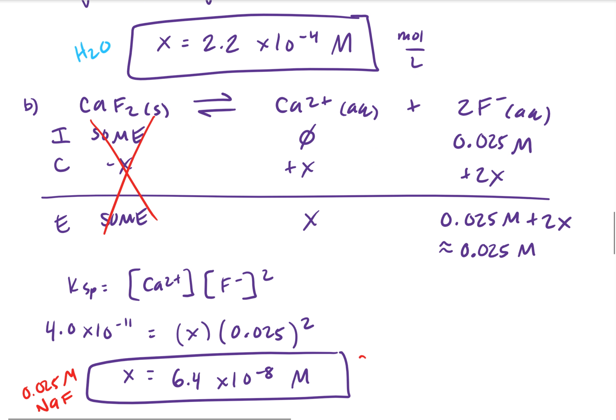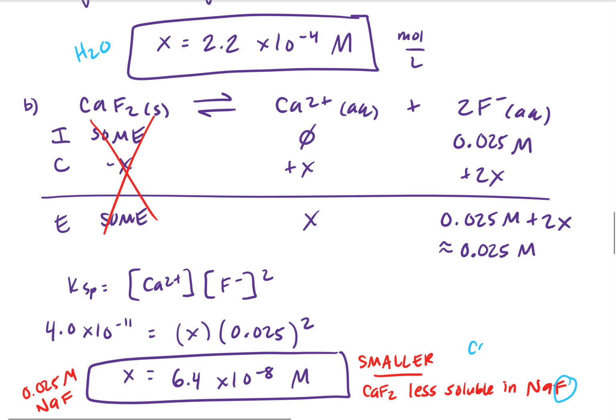This is way smaller. So calcium fluoride is less soluble in the sodium fluoride solution than in pure water. And that's because the sodium fluoride solution already contains some of this fluoride ion.